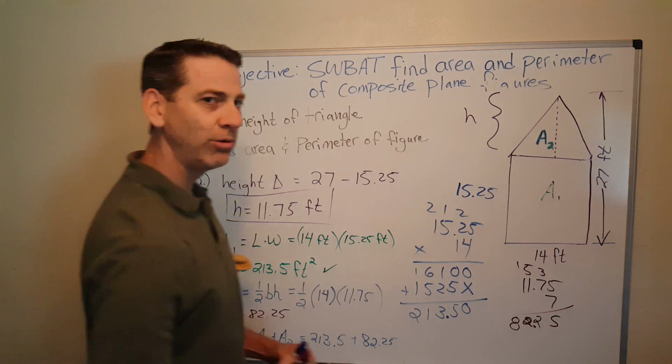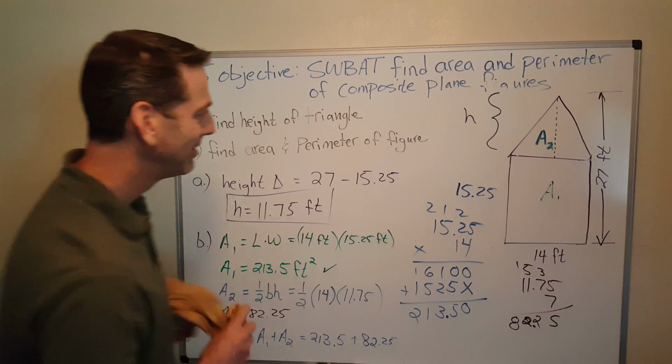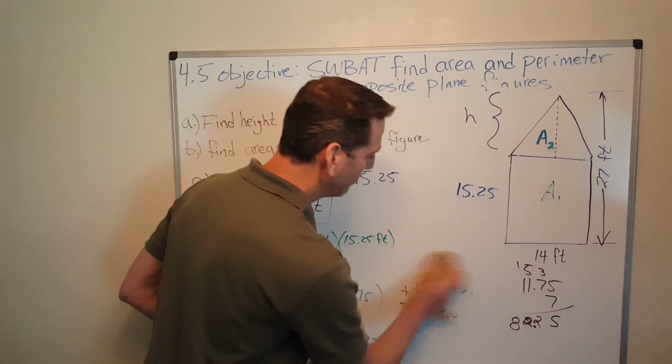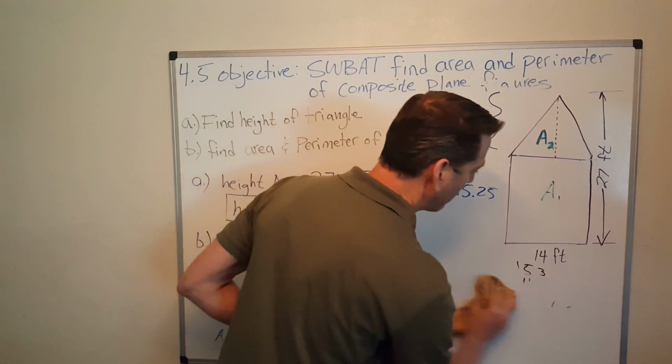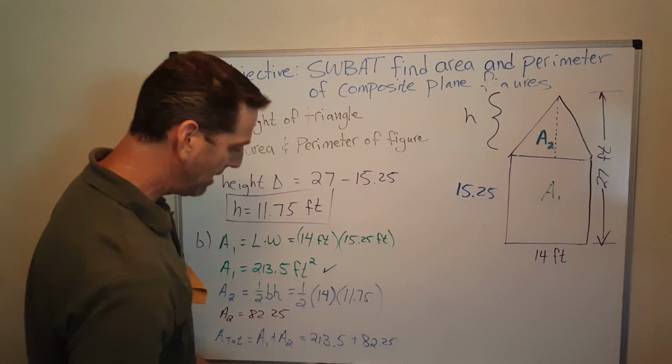Now you can see why they threw this decimal in here, because they wanted to see if you knew how to work with decimals. So let's make some more room here, and let's add these two up.